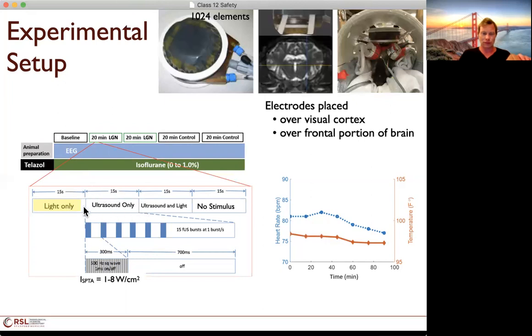So we're looking at the effect of having ultrasound in an adjacent 15-second time period throughout that 20 minutes. So it wasn't due to a direct response from the ultrasound, but the effect of the ultrasound on the brain and how that affected the light only visually evoked potential.